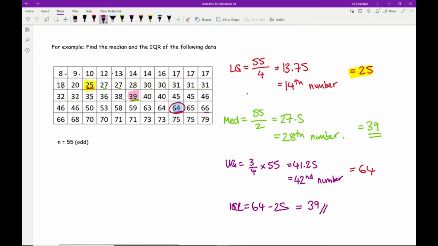Now the key thing to remember here is that although we calculate the median second or first, it's always the lower quartile and the upper quartile that are the values we use to work out the interquartile range. And it's always good practice to make sure that your labelling and your answers are clearly seen, so that the marker, whether it be a teacher or an examiner, can see exactly what you've done and what calculations refer to what.